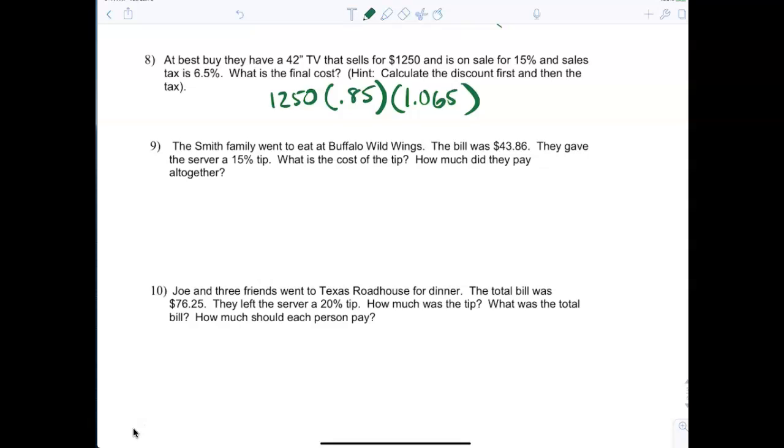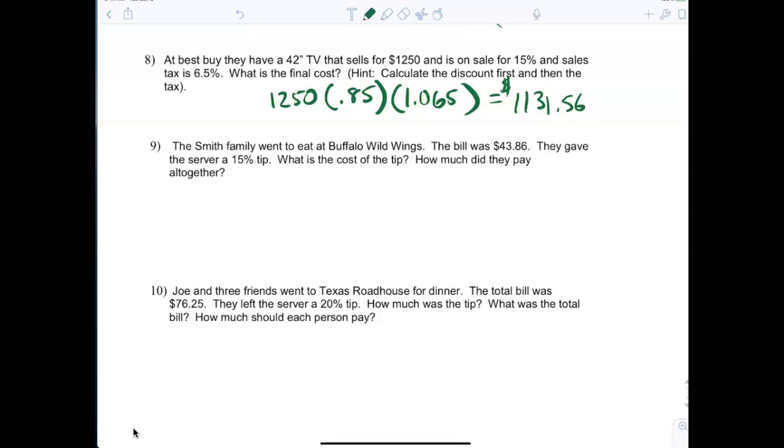Wrong. All right, go. Who told me that answer? What was it? 1,566. No, I don't think so. It's 1,131 and 56 cents. Yeah. 1,131.56. All right. So that's how much you had to pay.